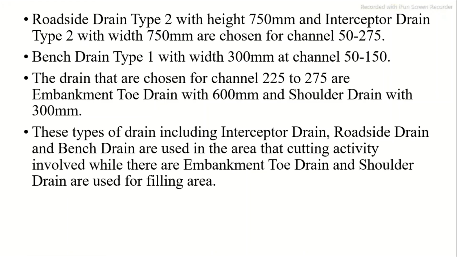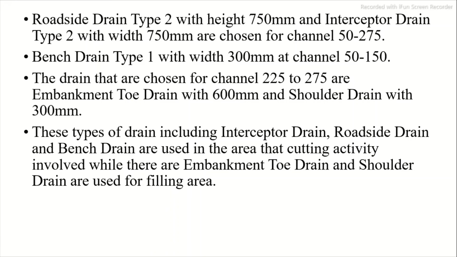The roadside drain type 2 with height 750 mm and interceptor drain type 2 with width 750 mm are chosen for channel 50 to channel 275. For the bench drain type 1 with width 300 mm at channel 50 to channel 150.